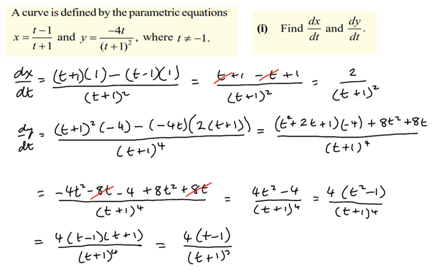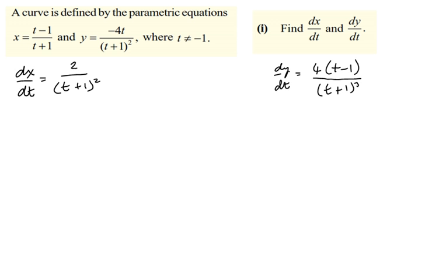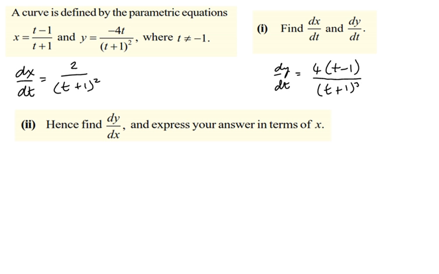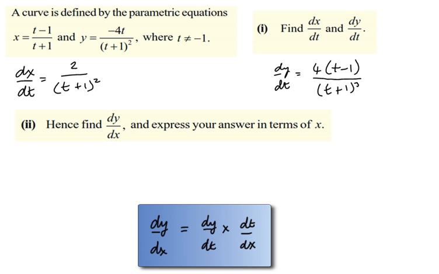Now let's neaten up our answers and see what we have. In part 1 we have dx/dt is 2 over t plus 1 squared, and dy/dt is 4 into t minus 1 over t plus 1 to the power of 3. Now can we use this to find the second question, which says hence find dy/dx and express your answer in terms of x.